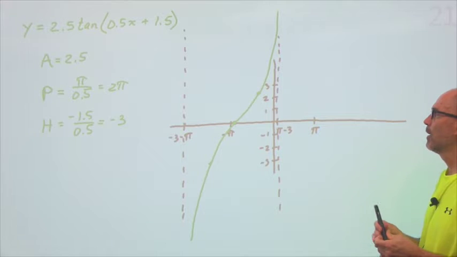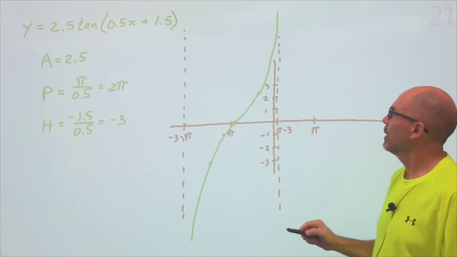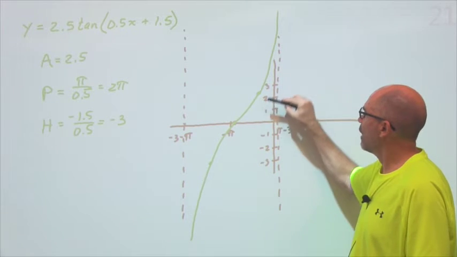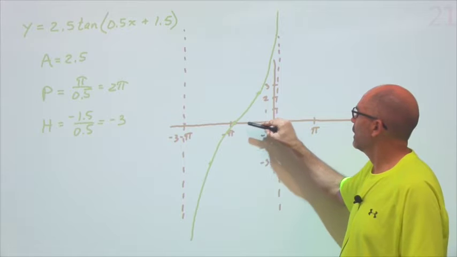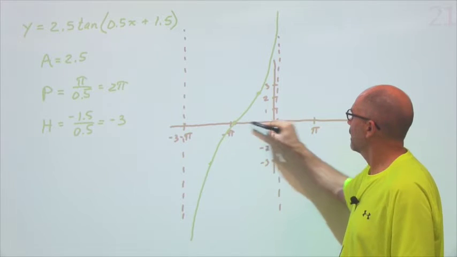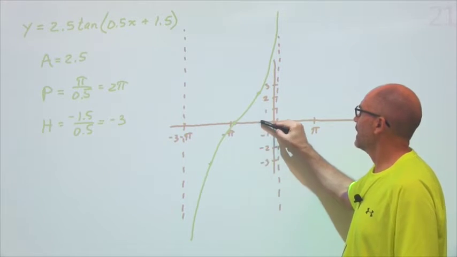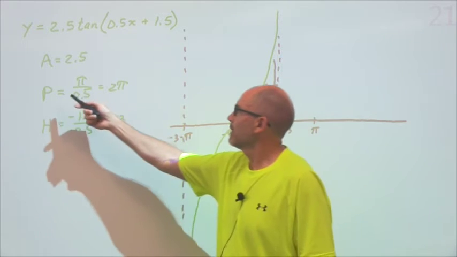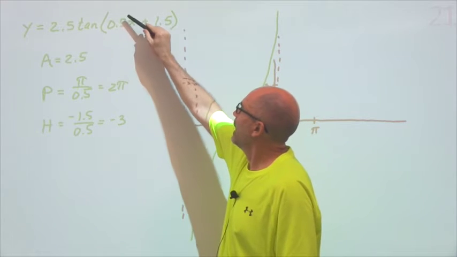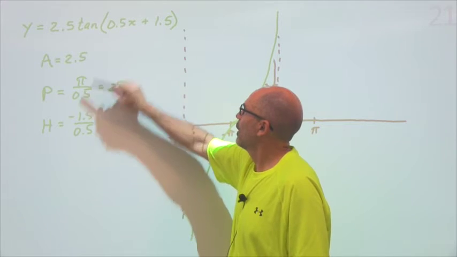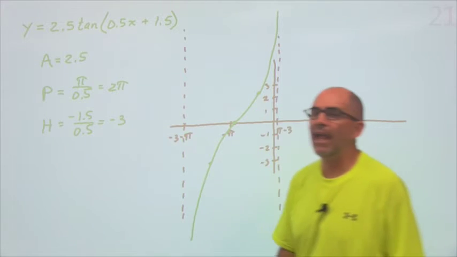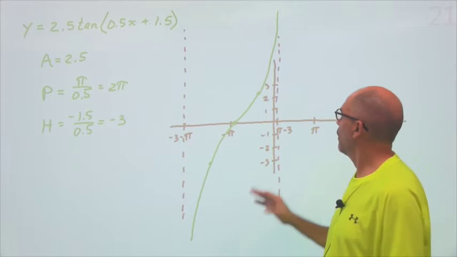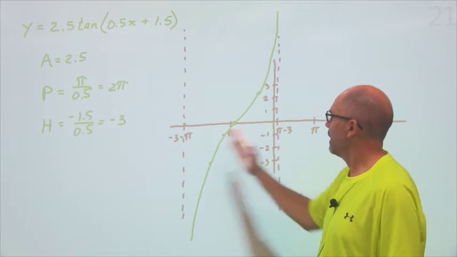All right, so first thing we did was we found our amplitude, and our amplitude is saying how far up do you go when you're halfway, or you could really say a quarter of the period. Then the period is pi over B. And now remember, it's pi over B, not 2 pi over B. So that's our period, 2 pi.